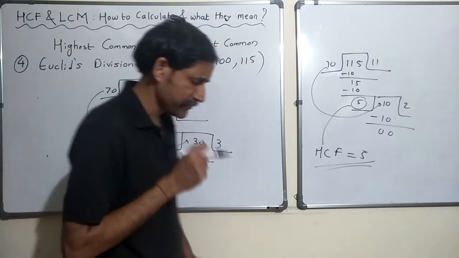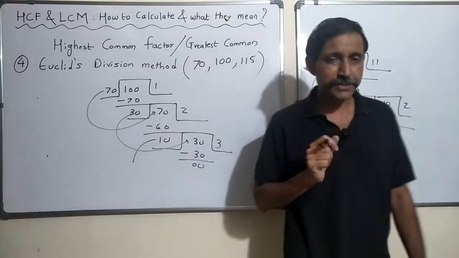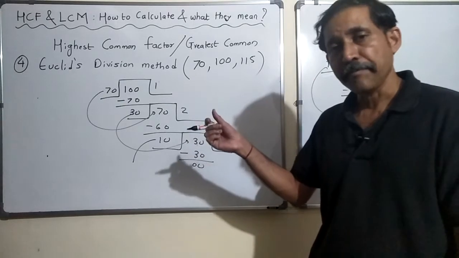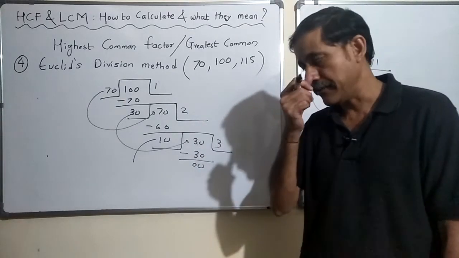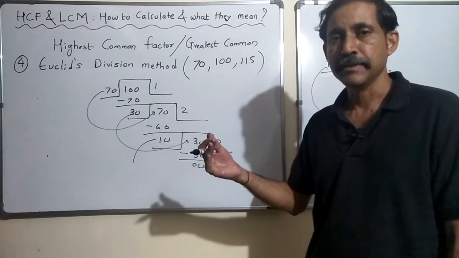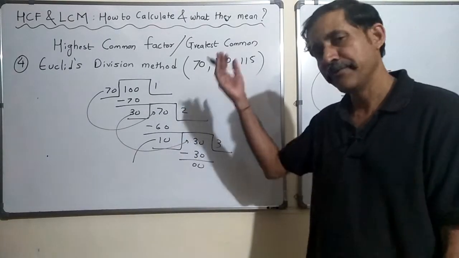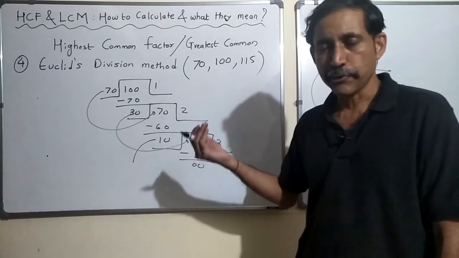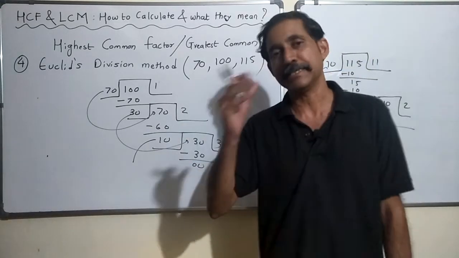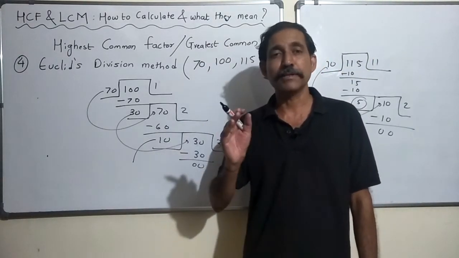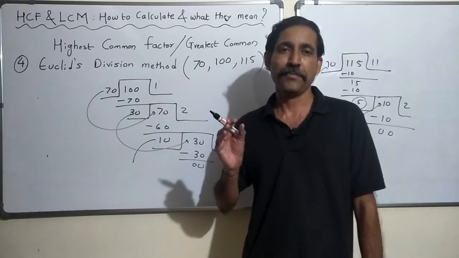By the way, there was one question. The question is, sir, if in the exam we are asked to find out the HCF of two numbers or three numbers, would the HCF be the same if I use any of the four methods that you taught? The answer is absolutely yes. The answer in all four methods should be the same.